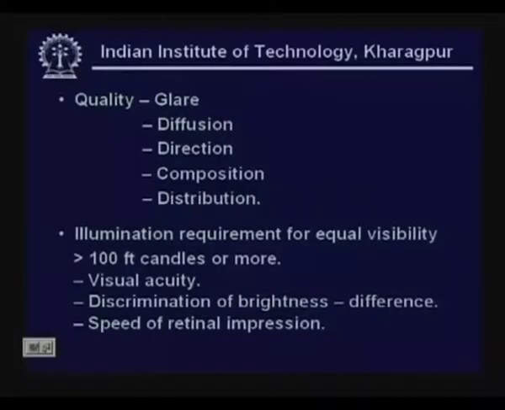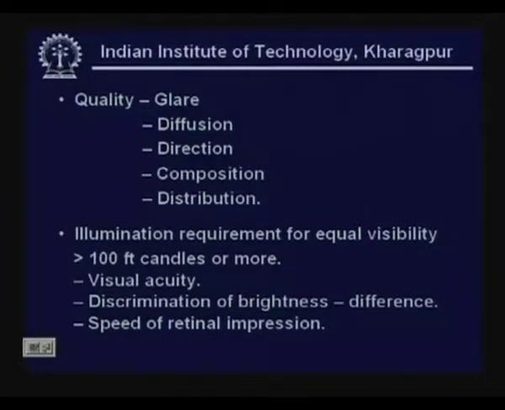Now, various factors that come into play in looking at the light quality are visual light quantity or quality, or the ability of the eye to respond to the light, or visual acuity.